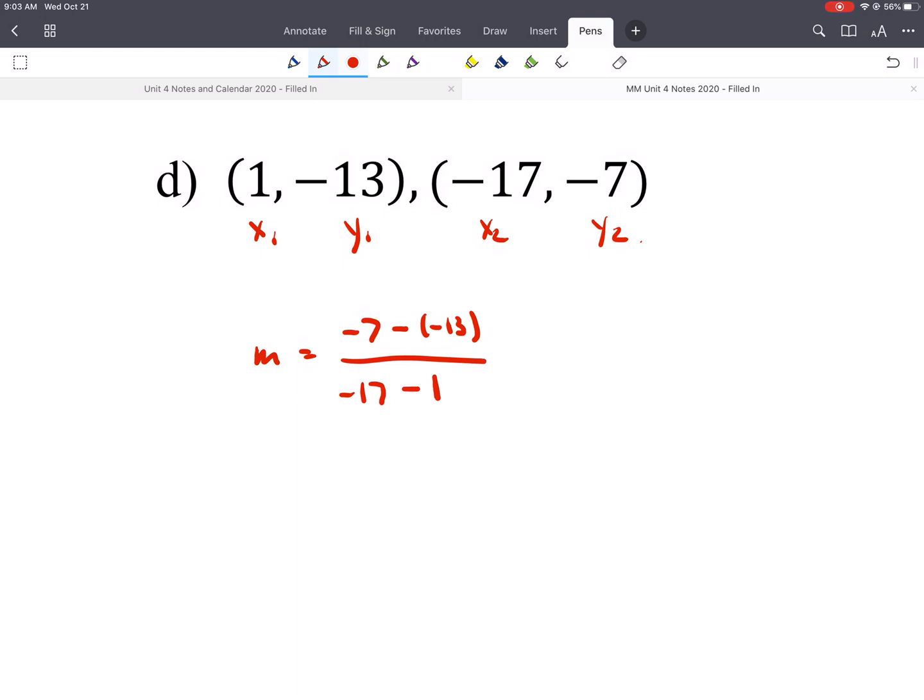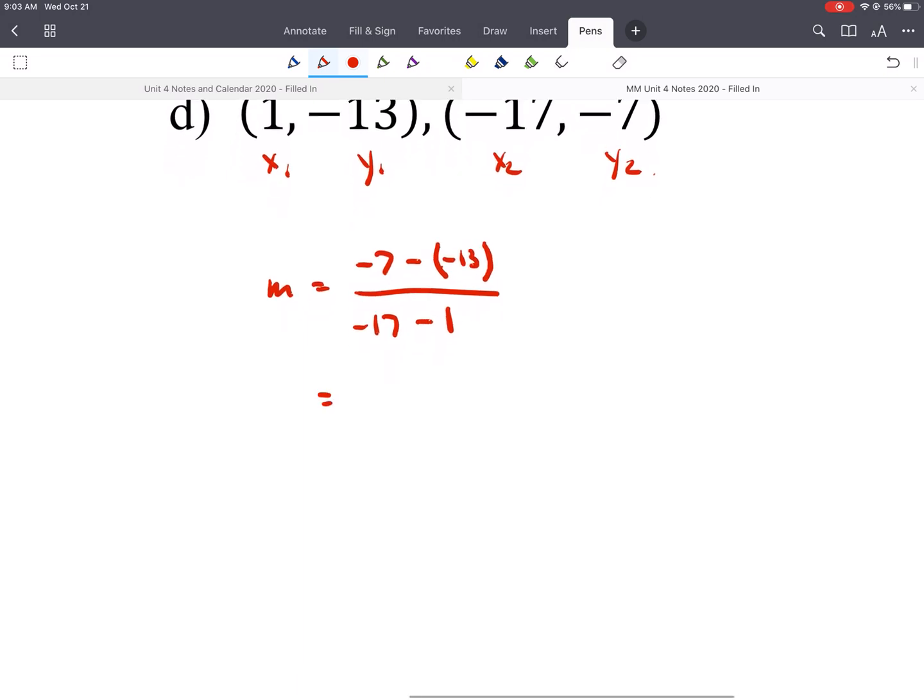Again, always put parentheses around negative values. So we'll have negative 7 plus 13 all over, and I'll just combine those together because we don't have to worry about double negatives, so that gives us a negative 18. Our numerator, negative 7 plus 13, gives you 6 over negative 18.